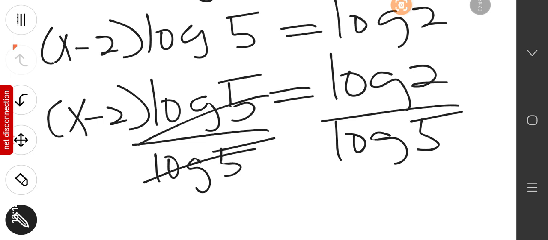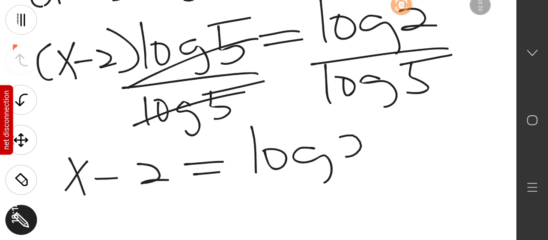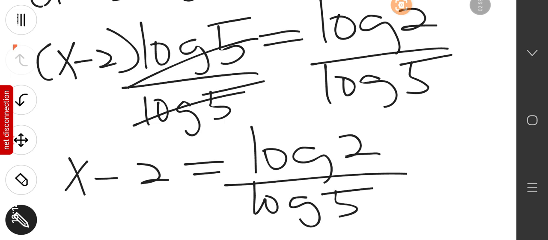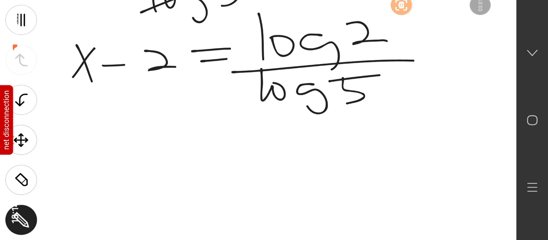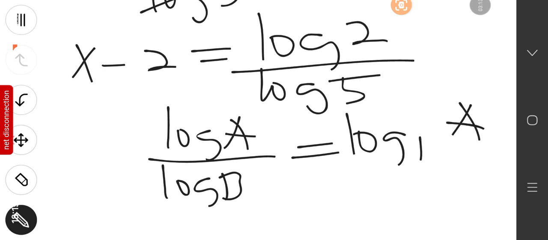So this cancels this. So we are left with x minus 2 equals log 2 over log 5. All right, now let's apply the change of base concept or the change of base formula here. So we say log a over log b should give us log a base b.